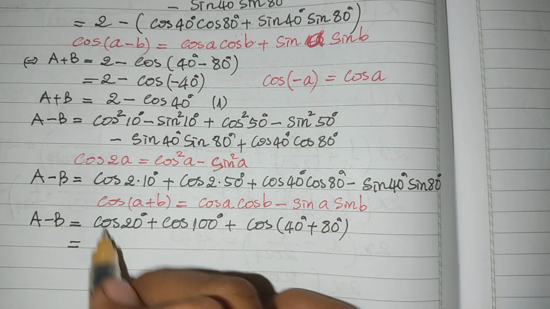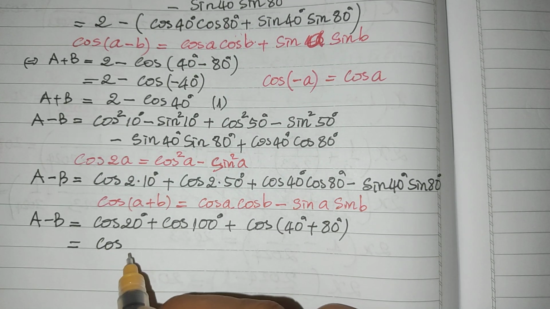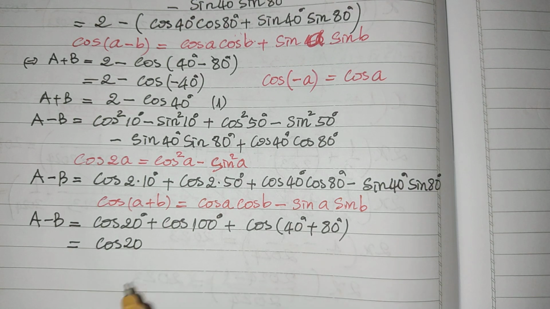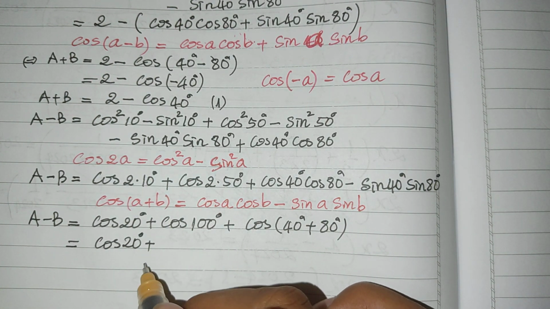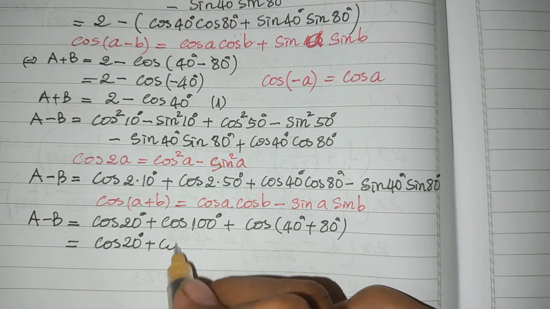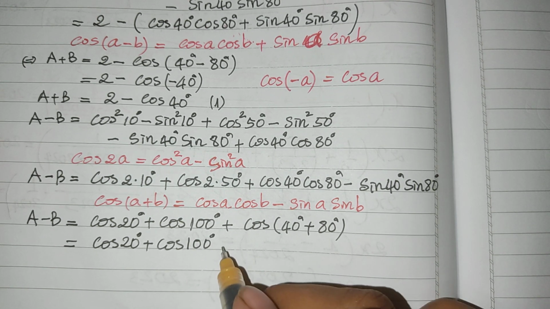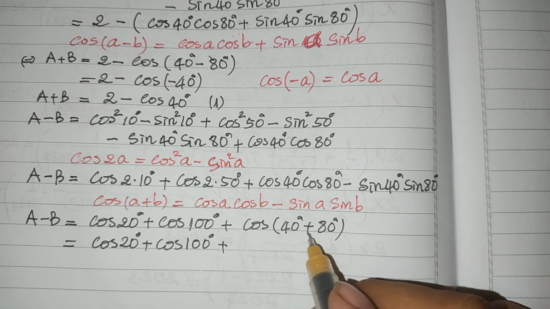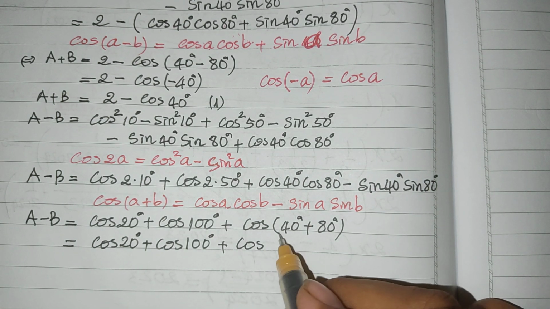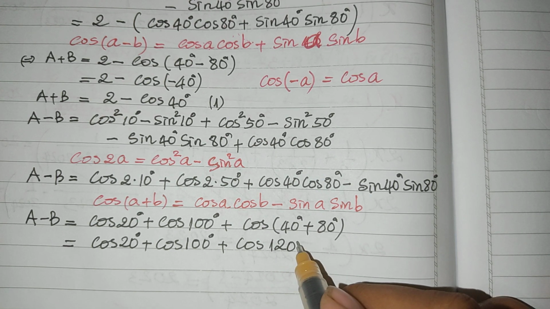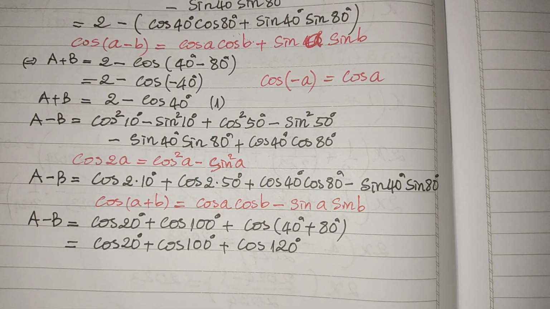So this is equal to cosine of 20 degrees plus cosine of 100 degrees plus cosine of 120 degrees.